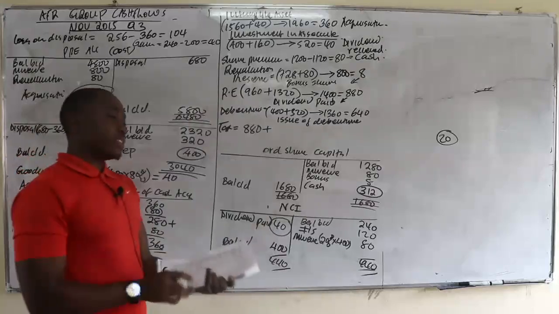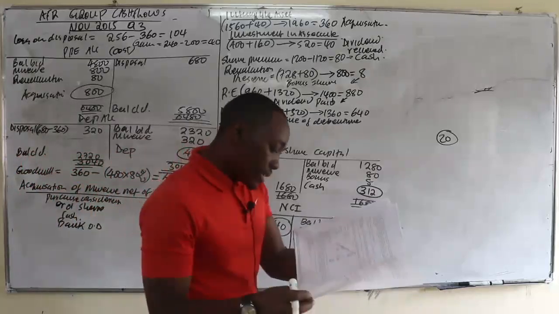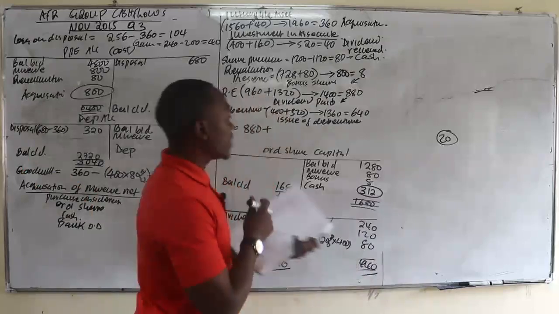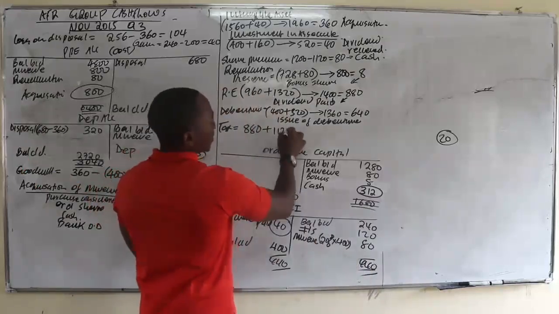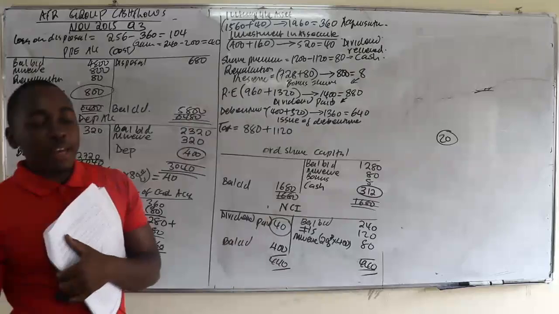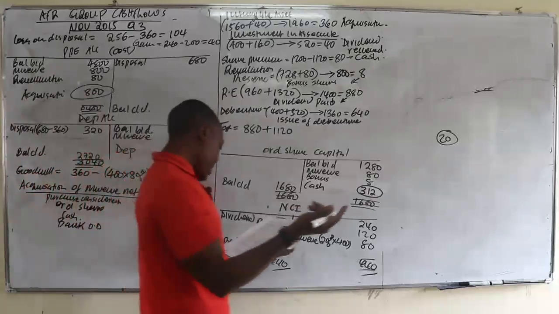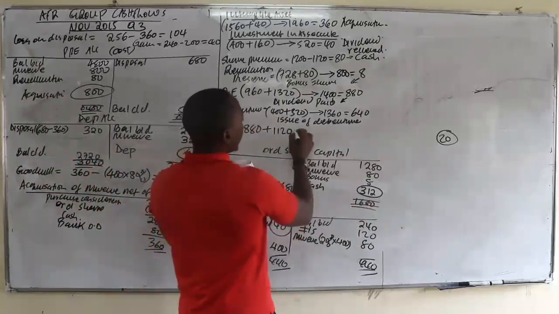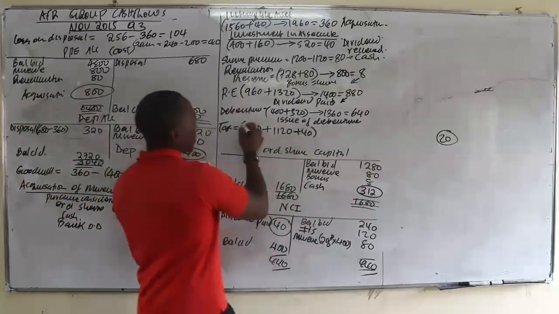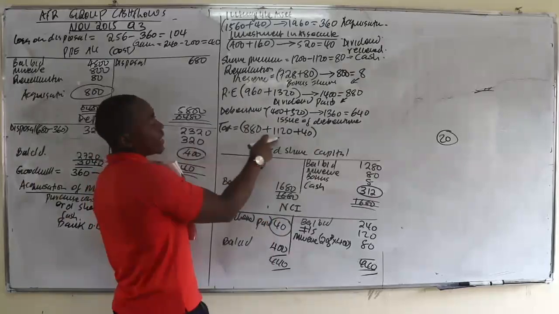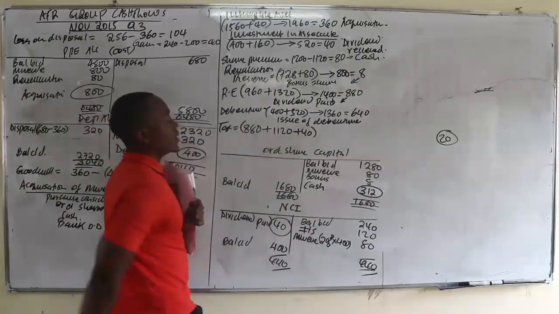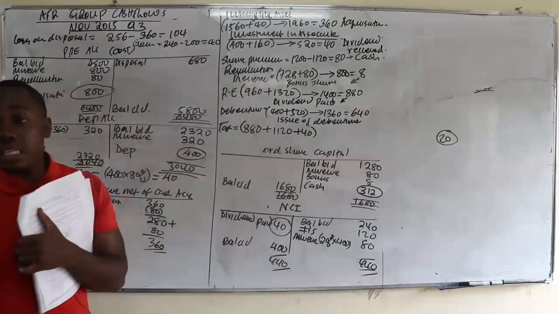Let's go to the income statement. In the income statement, the taxation was 1120. When we are acquiring Mwewe, did Mwewe come with any of the taxation? Yes. So you add taxation of 40. So 880, you add 1120, you add 40. What do you get? 2040.